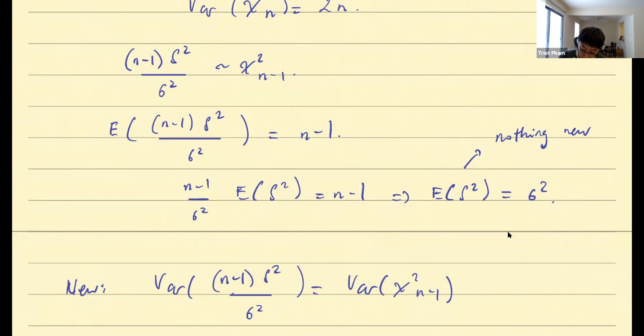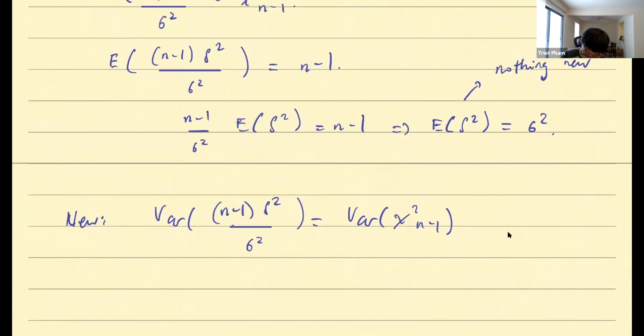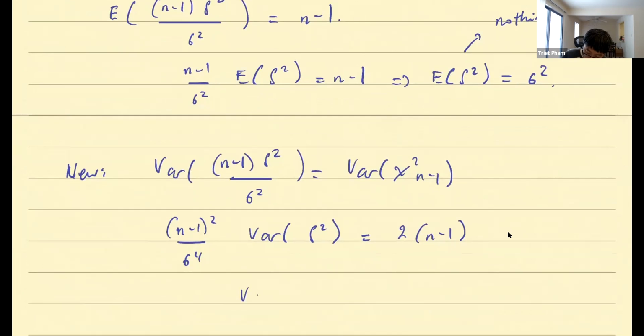All right. So for the variance, these two terms go out. And this, of course, is 2 times n minus 1. Therefore, the variance of S squared is 2 sigma to the fourth over n minus 1.